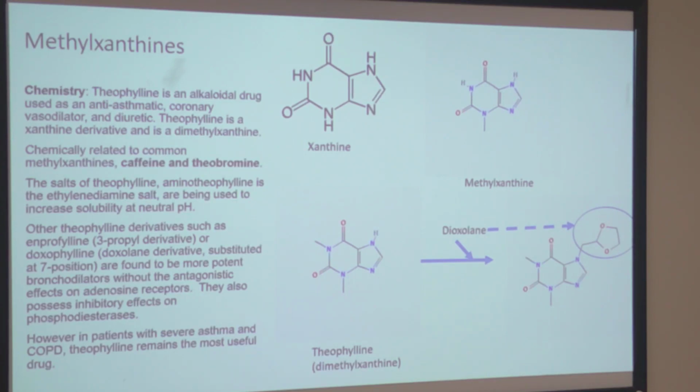What's the function of adenosine receptors? You have studied ARBs, adenosine receptor blockers. What are they used for? Where do you use adenosine receptor blockers? COPD, asthma. COPD and asthma.